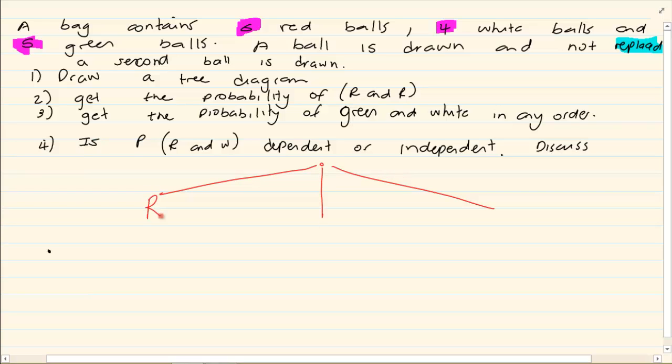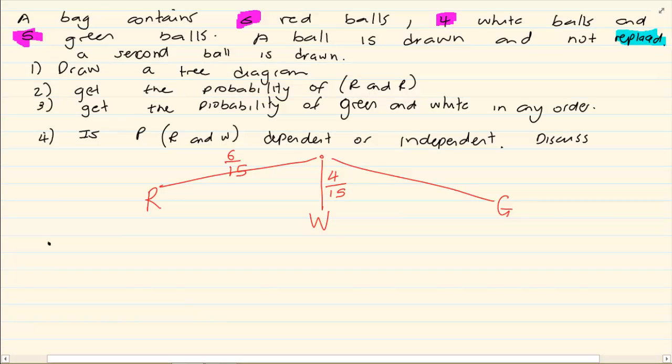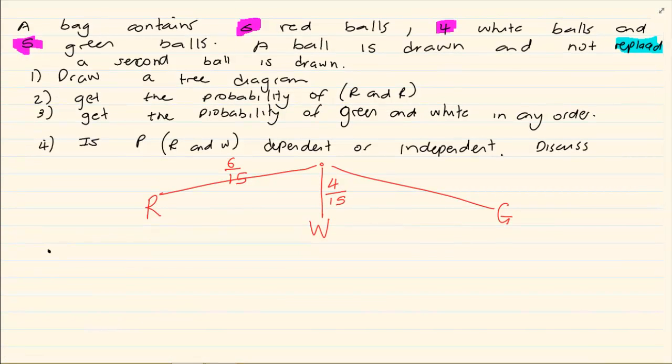You have a red, a white, and a green. For the red, you had 6 out of 15. How did I get 15? I added the amount of balls that I had in the packet. For white, I've got 4 over 15. And for green, I have 5 over 15.